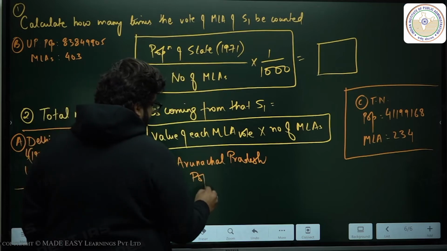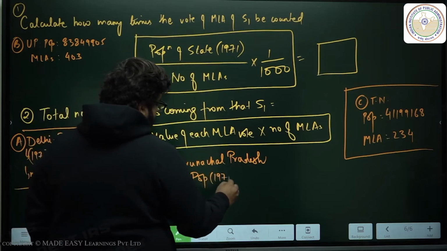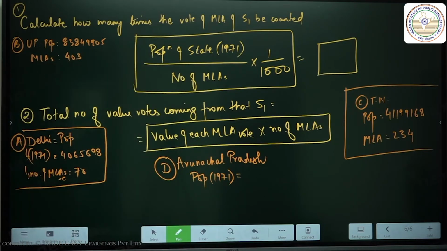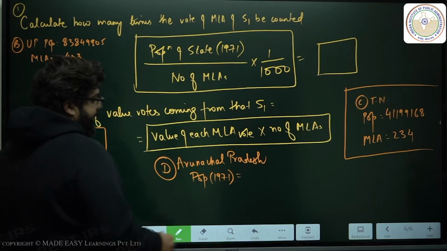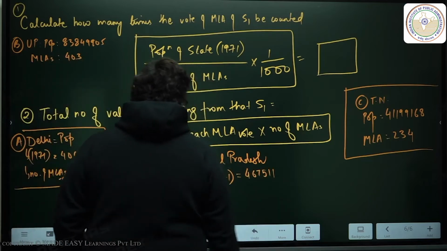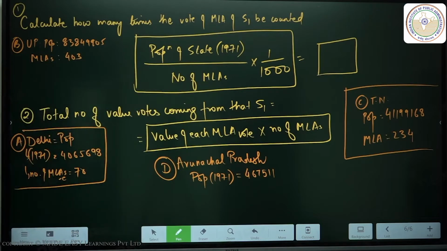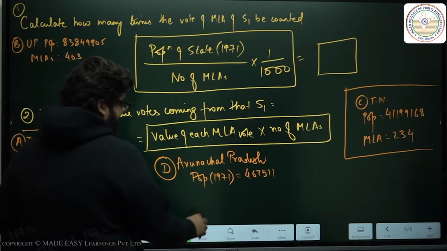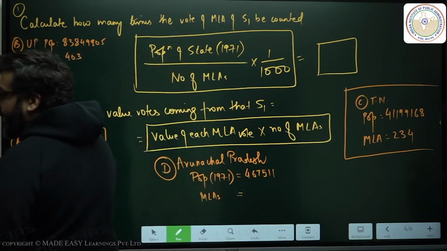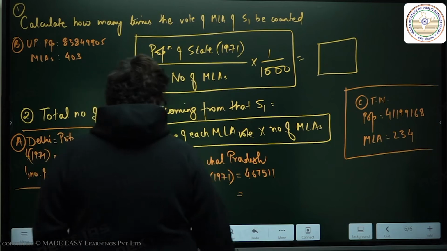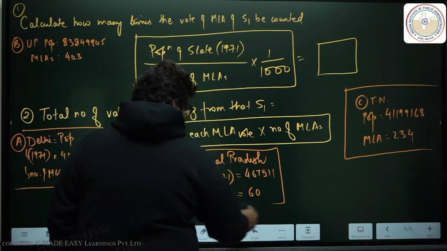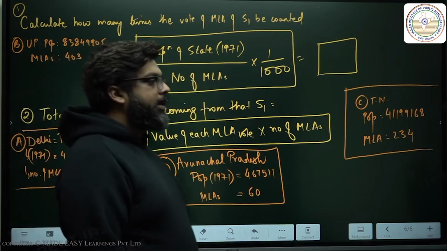The population of Arunachal Pradesh as per 1971 is 467,511 and Arunachal Pradesh has approximately 60 MLAs. Has 60 MLAs.